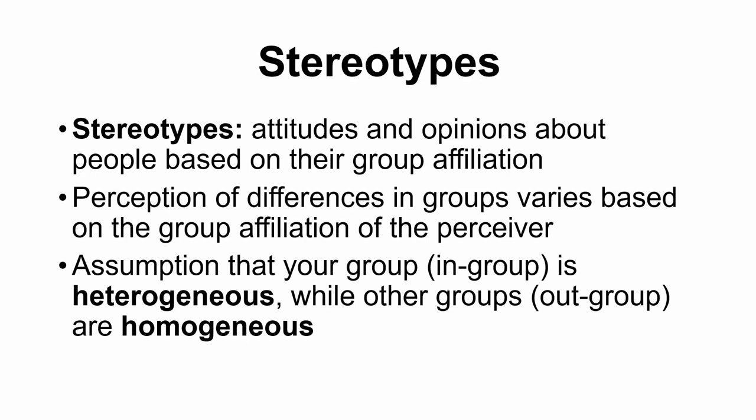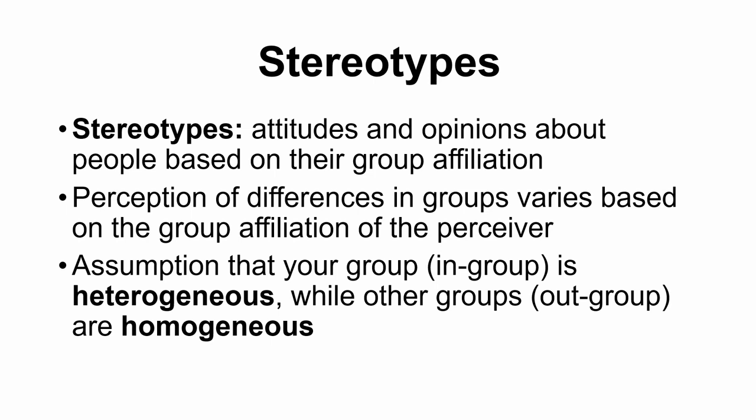Another thing to note is that the perception of differences in groups ends up varying based on the group affiliation of the perceiver. So what this means is that we tend to assume that our own group, the in-group, is heterogeneous, basically meaning that there's lots of variation, there's lots of differences within the group that I am part of. And that might be because you feel like you don't fit any particular stereotype of your group, or whatever reason.